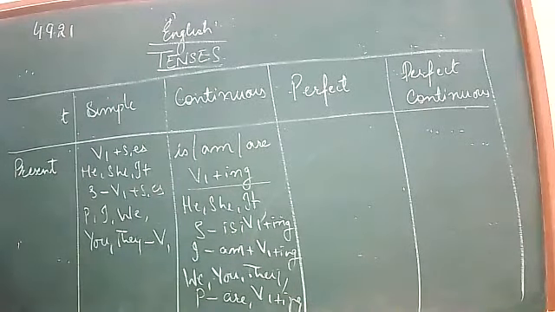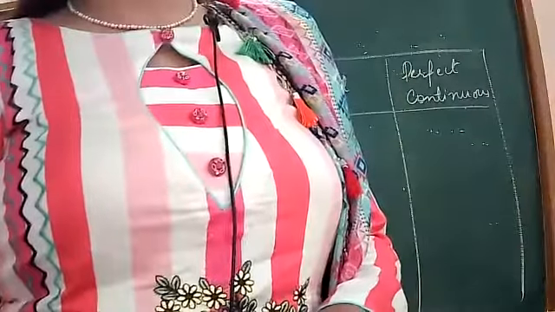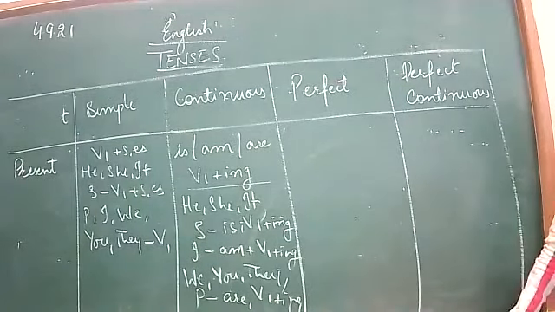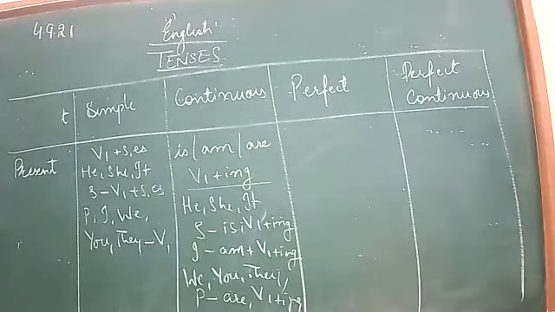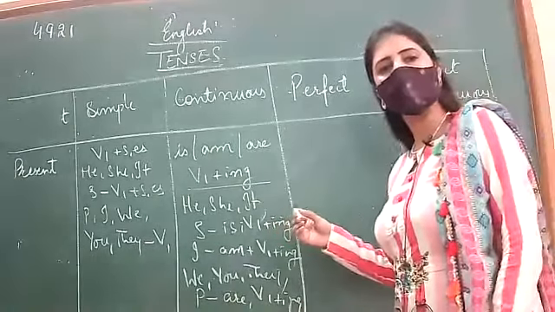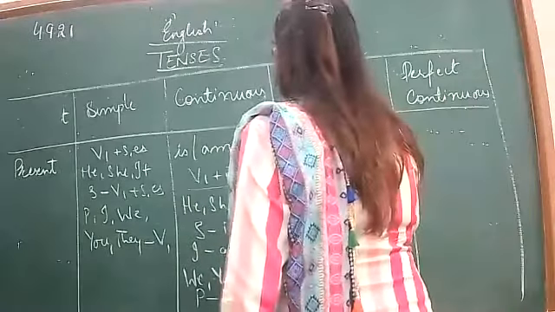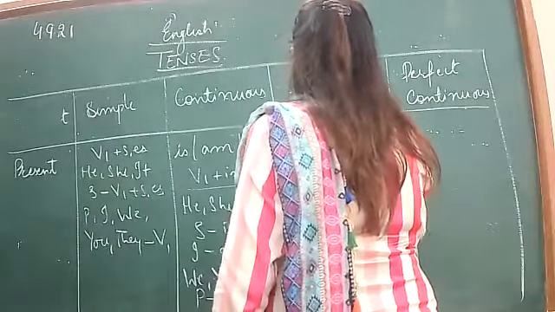Next, afterwards, we have perfect tense. What is perfect tense? It means that the action started and it has been completed. We are sure of the completion of the action. When we are sure of the completion of the action, present perfect tense is used. In present perfect tense, we use has, have, and the third form of the verb.